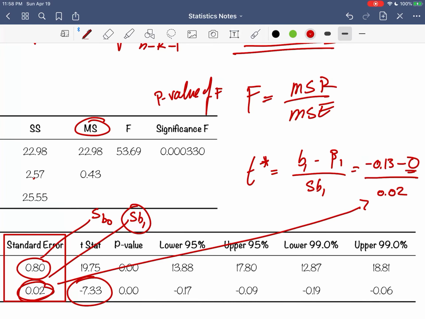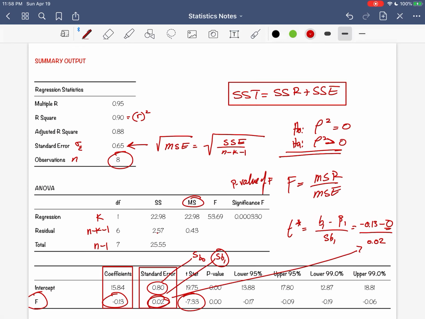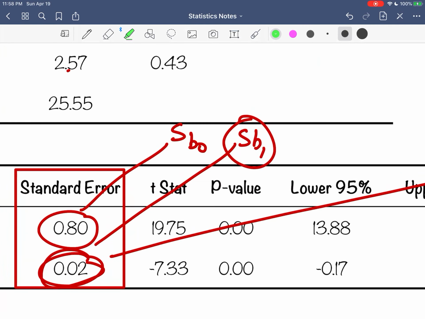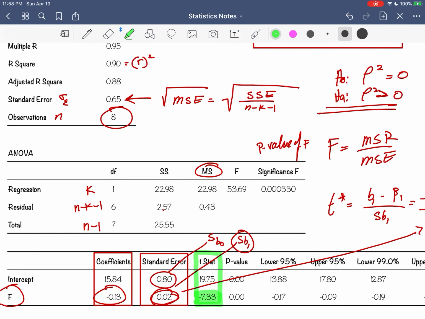Another trick: you should understand what the t-stat column tells you. It's telling you the test statistic for each one of those variables. So in this case, you can see that this value is extremely large. It's greater than 3, twice as high as 3 actually, and therefore it is significant, and therefore the variable is significant.